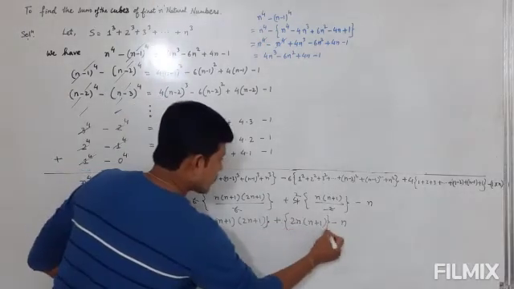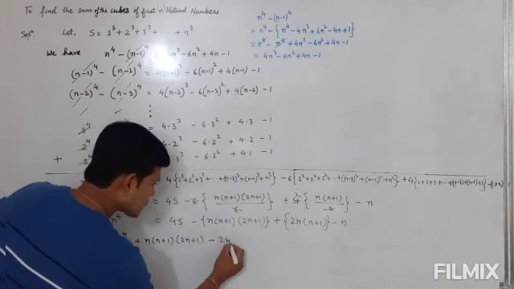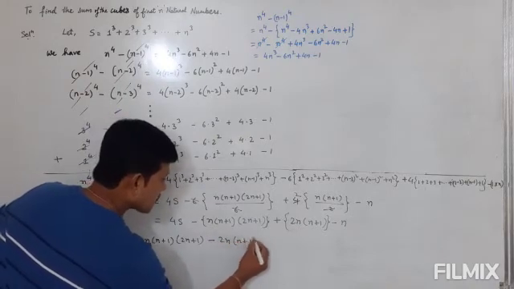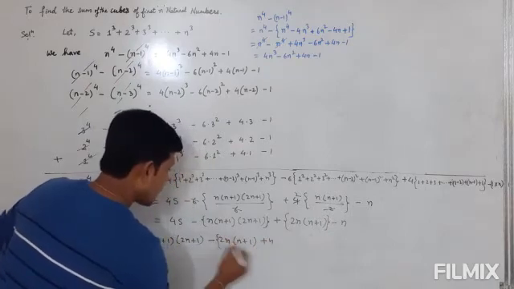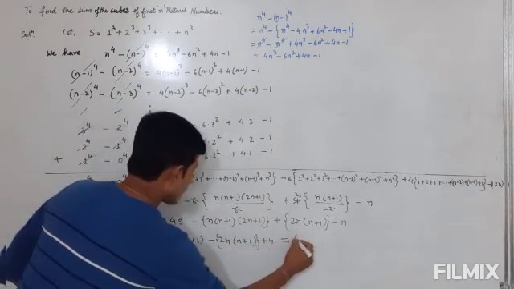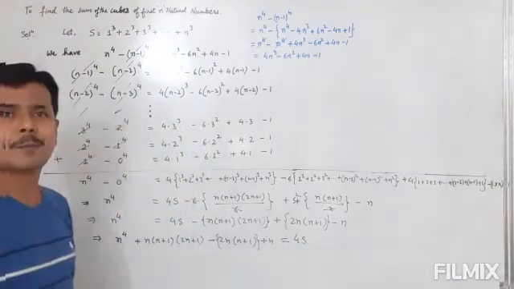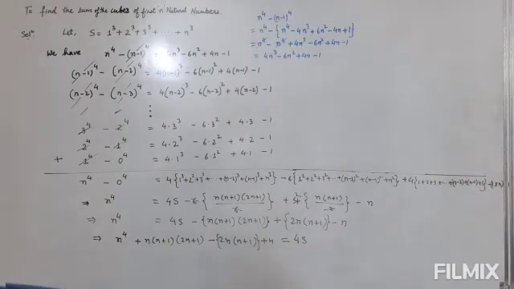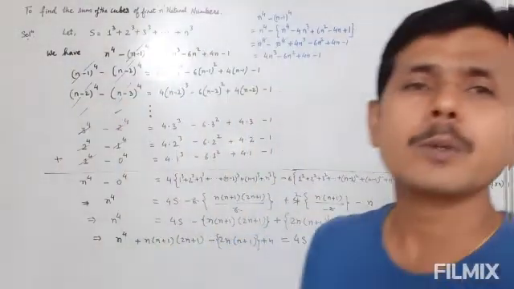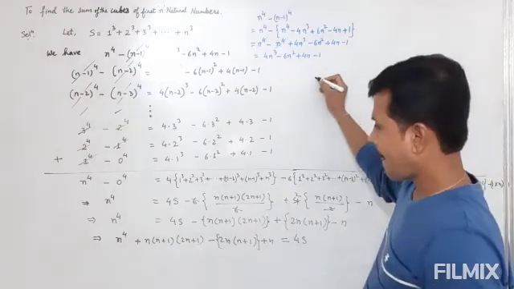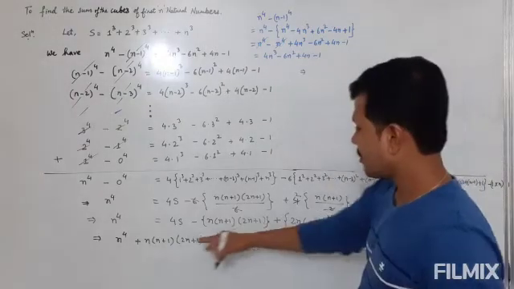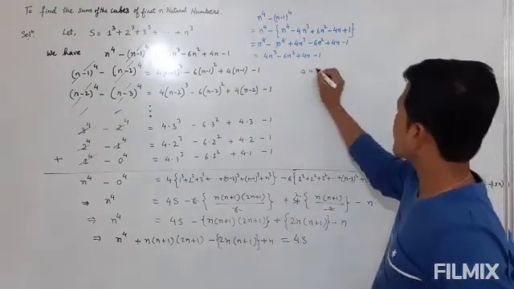Now this term will become minus twice n plus 1, and this will become plus n, which is equal to 4s. Till here, I hope it is clear to all of you. Okay, next, I'm just solving it over here. I'm taking this 4s on the left hand side now.